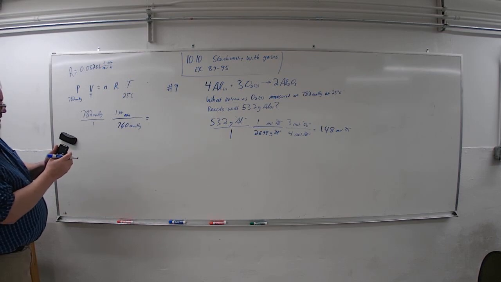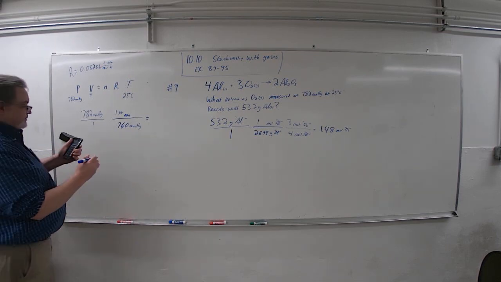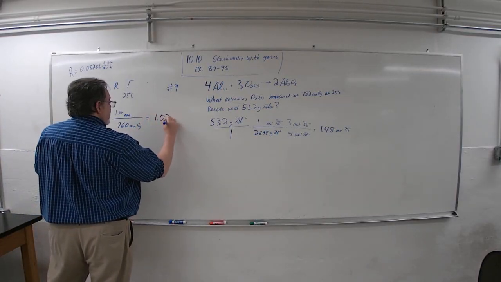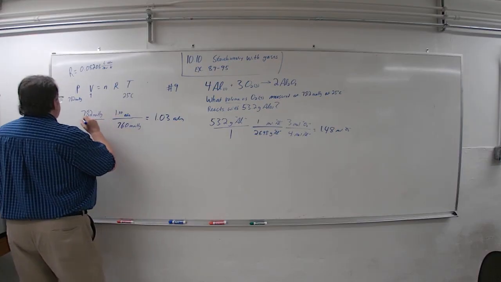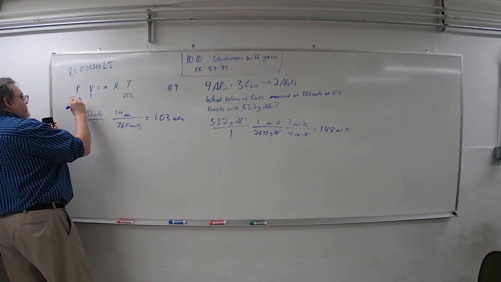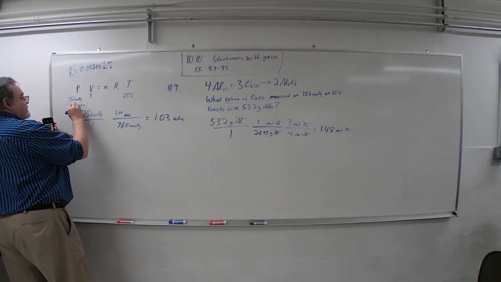So 782 divided by 760 gives 1.03 atmospheres. We will use that for our pressure.